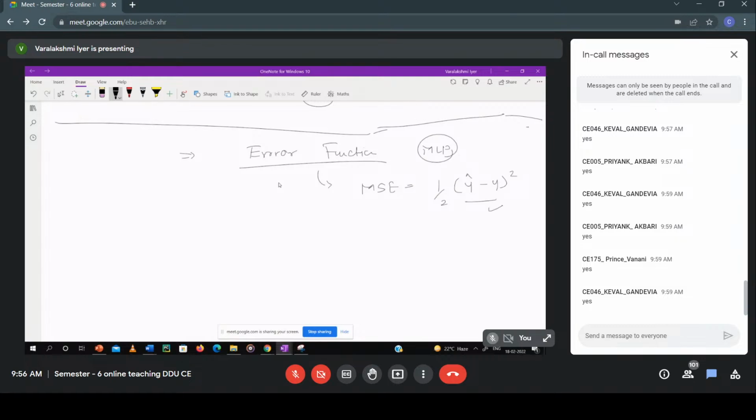You already know about the MSE cost function, but you may also use other cost functions as well. For example, in the case of the sigmoid activation function, if you have a binary classification problem, the cost function that you may use is binary cross entropy, which we had discussed, if you recall.